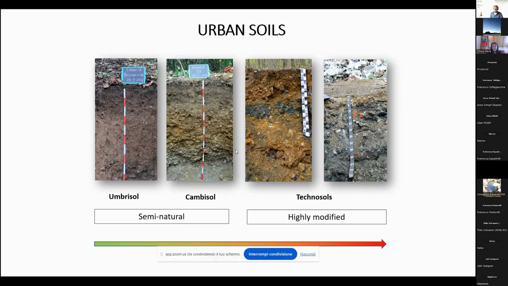These are soils in urban parks of Milan. They have been agricultural soils in the past, and now they are soils in this park. But they are very different from the last two soils with a lot of artifacts or a layer of asphalt. So in this case, this urban soil is highly modified.